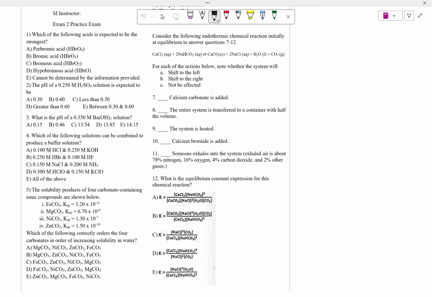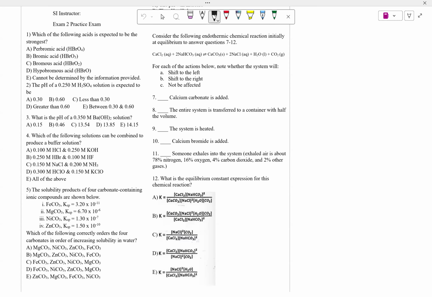My answer isn't here, but this one looks close. The negative log. Oh yeah, that's right.